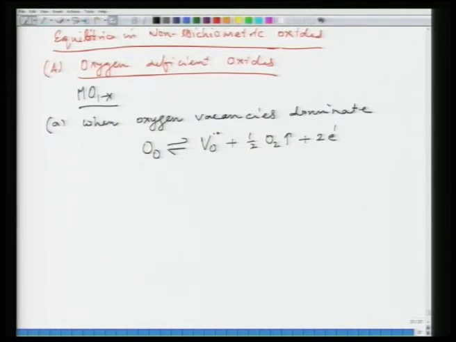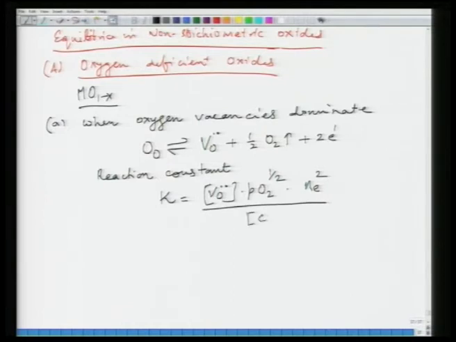So the reaction constant would be, so let us say equilibrium constant K would be equal to VO into PO to the power half into NE square divided by OO.